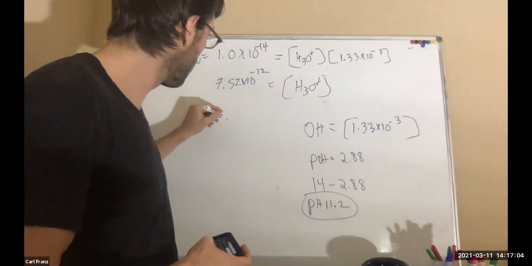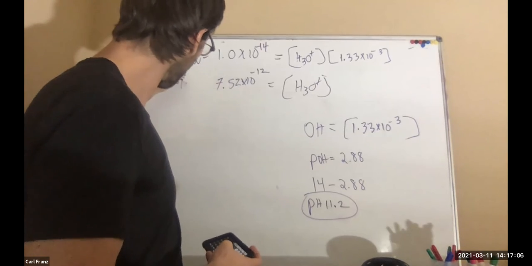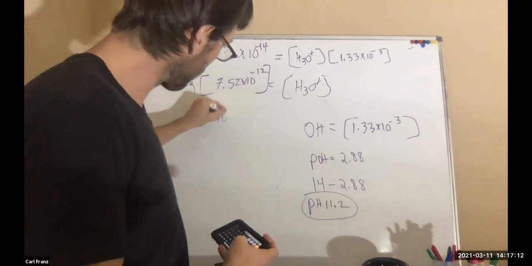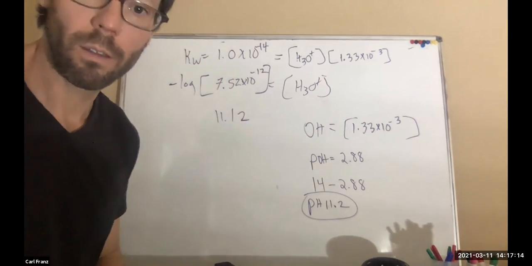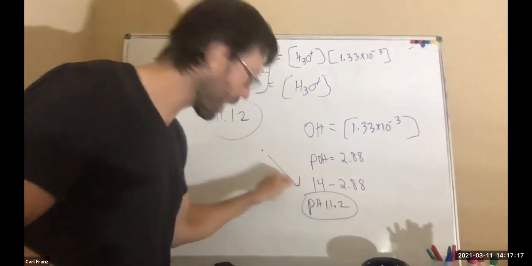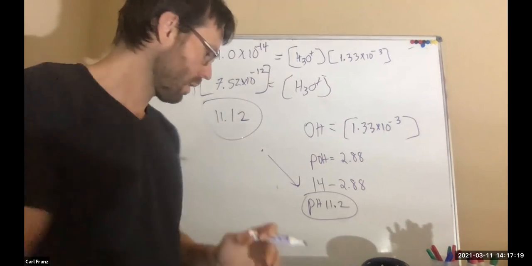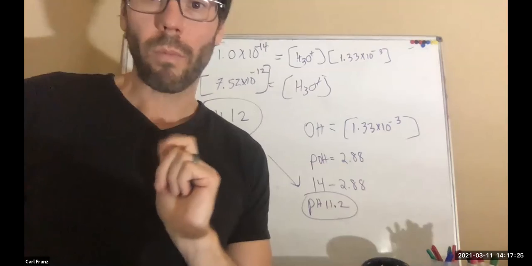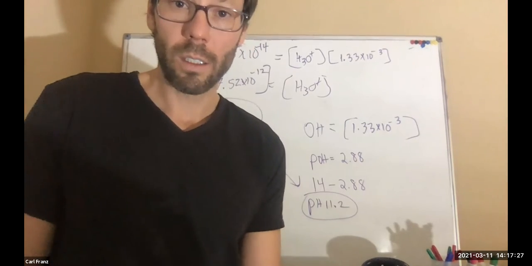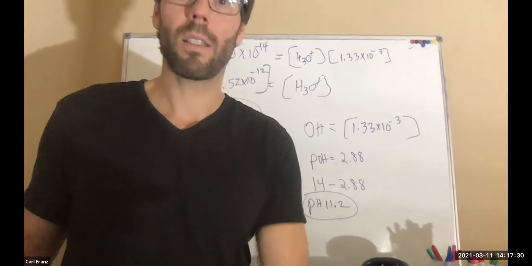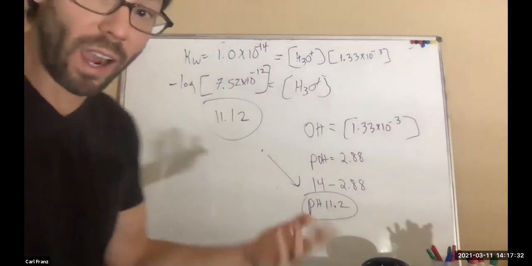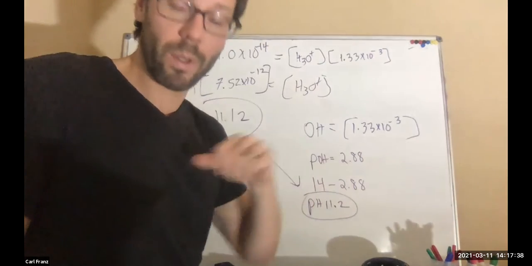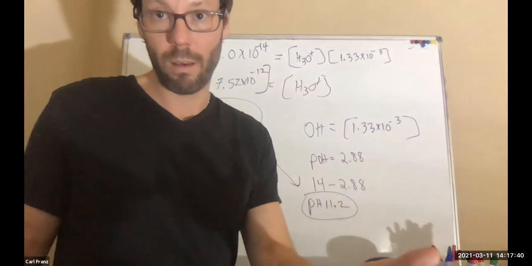And I get negative log of this equals 11.12, which is pretty close to our 11.2. More than one way to skin a cat. And it's always good to do it another way if you can, to see if it all makes sense. Now, what would have been the check to do before this? As I said, plug in that x for the equilibrium concentrations and see if it equals that Kb.